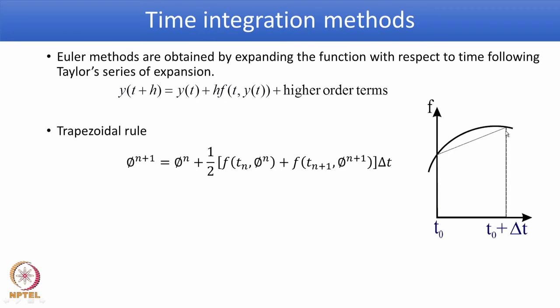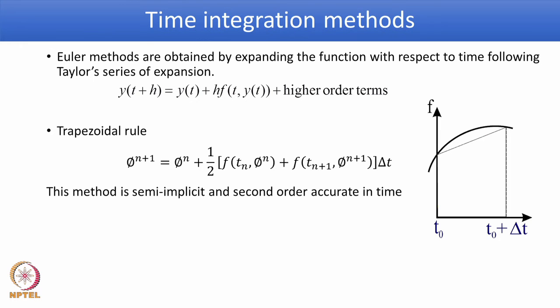So, we have a trapezoidal rule. T0 at the point is shown here, and T0 plus delta t is shown here, and you fit a trapezoidal curve between the two, then you get this formula derived. It is explicit 50%, implicit 50%. So, this is called semi implicit, and it is second order accurate in time.